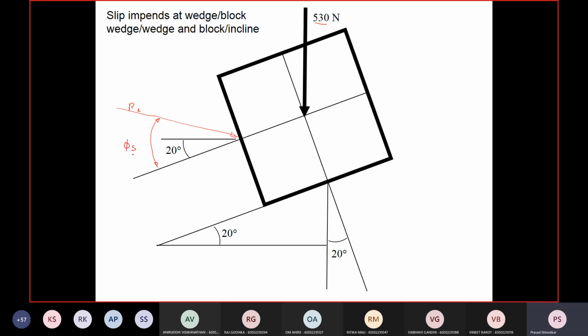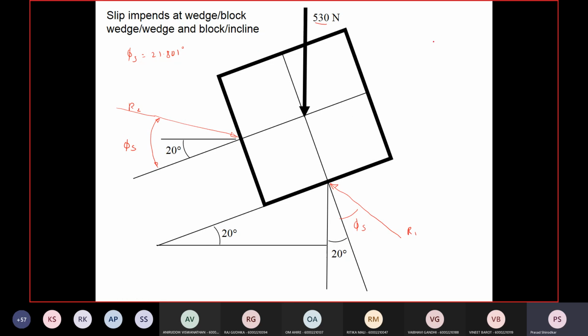Phi static, and R1 also makes an angle of phi s. Okay, and phi s we have already calculated as 21.801 degrees. Right.